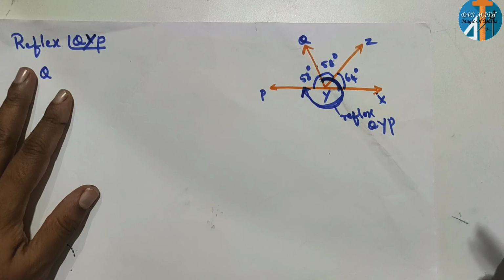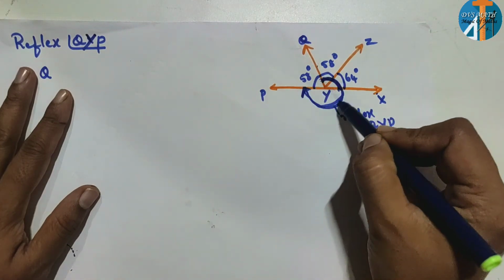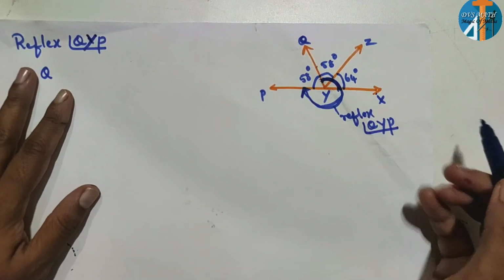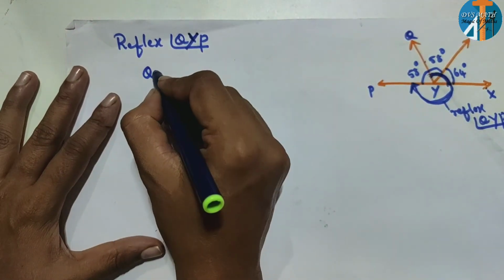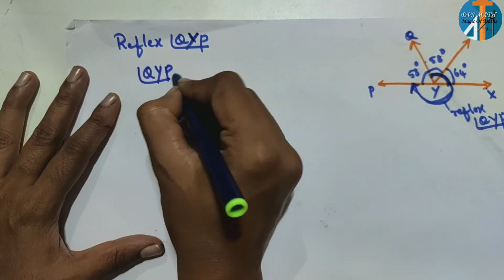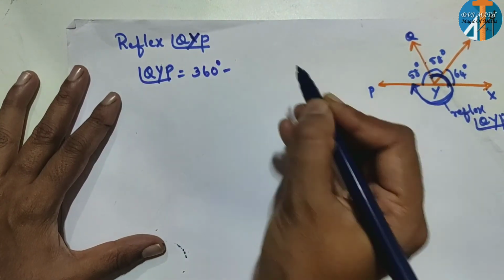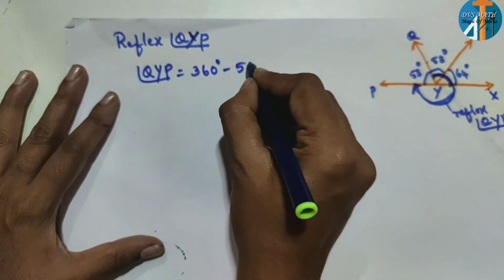What is the measurement of a complete angle? It is 360 degree. That means in the whole 360 degree, if you remove 58 degree, then you will get the angle of QYP. So angle QYP is equal to 360 degree minus 58 degree.